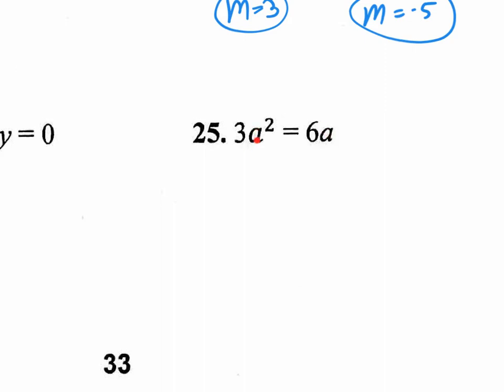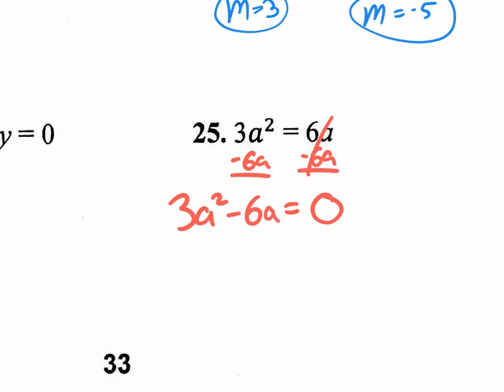Well, I have an a here and an a there. And you would subtract 6a, this would cancel, and you would have equal to 0. But on the left side, you can't do 3a squared take away 6a. They're not like terms. So you'd have to rewrite it. 3a squared take away 6a.